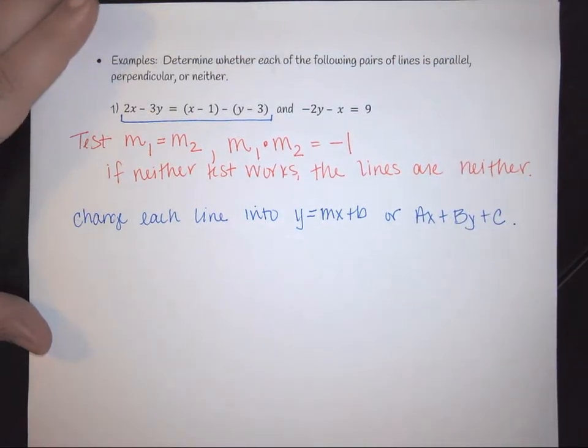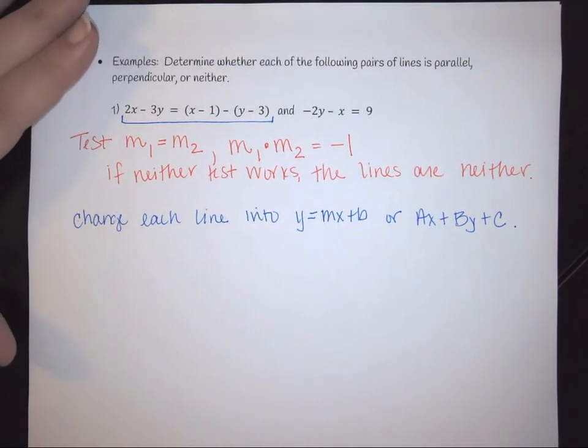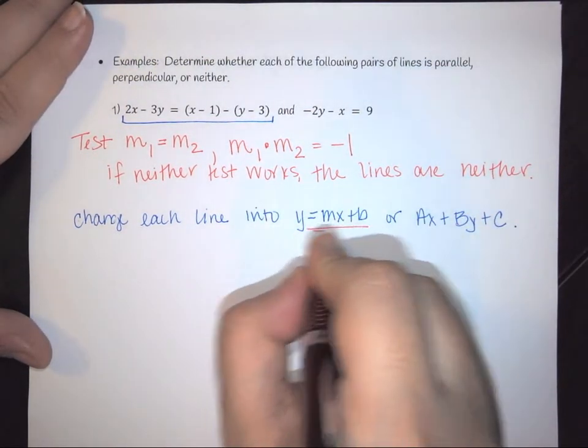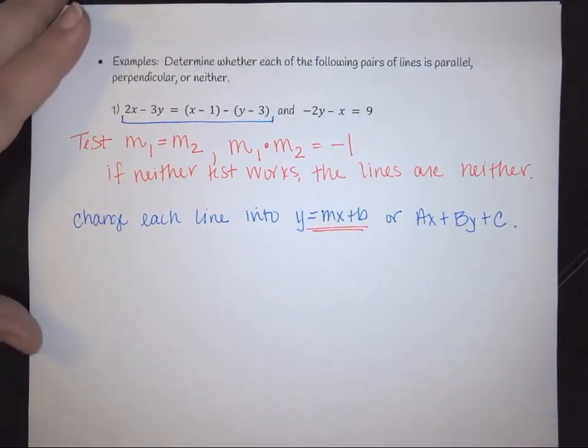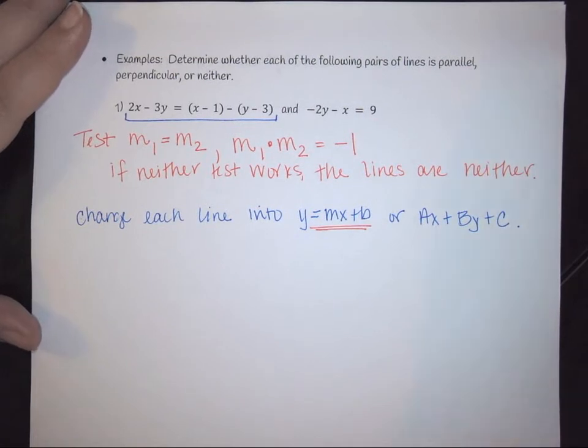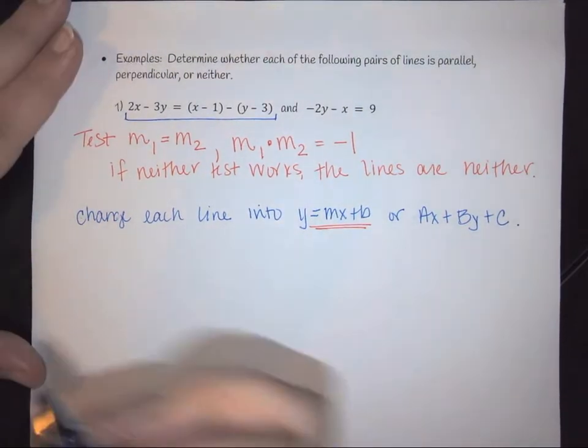Okay, either form would work. My recommendation is to use slope-intercept form. It's usually the easiest one to decipher, but either one would get you there.